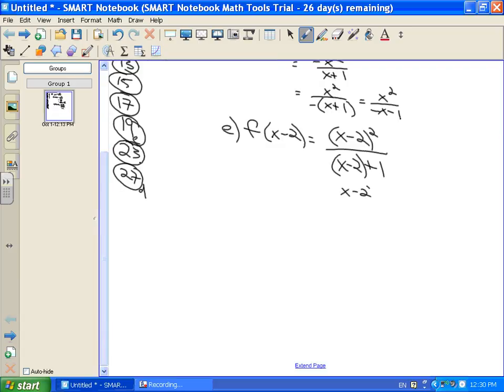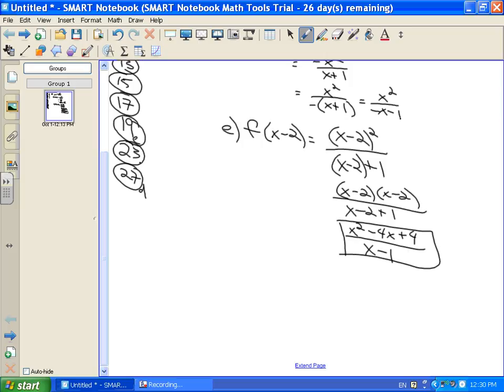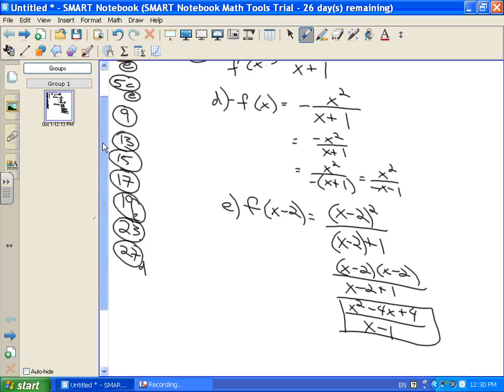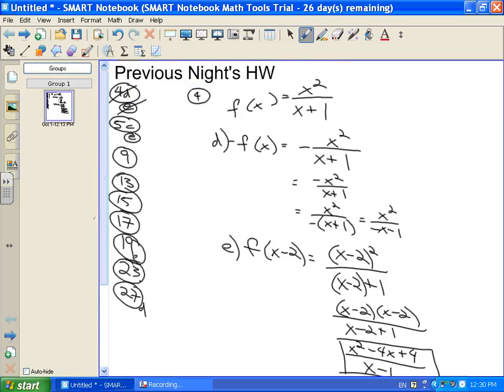X minus 2 times x minus 2 over x minus 2 plus 1. That's x squared minus 4x plus 4 over x minus 1. We're not trying to cancel these. You hope. That would be great. But the chances of that happening are pretty slim.